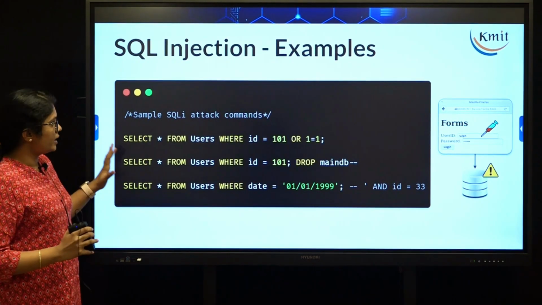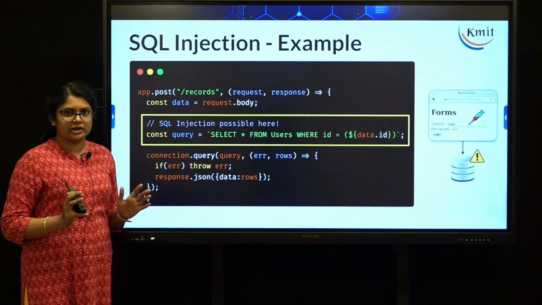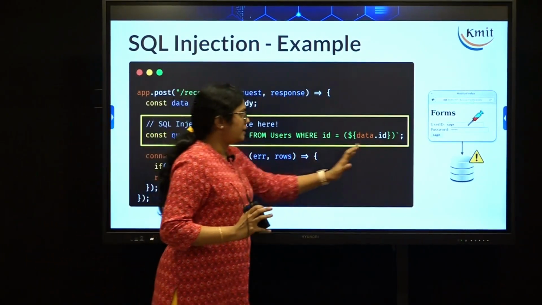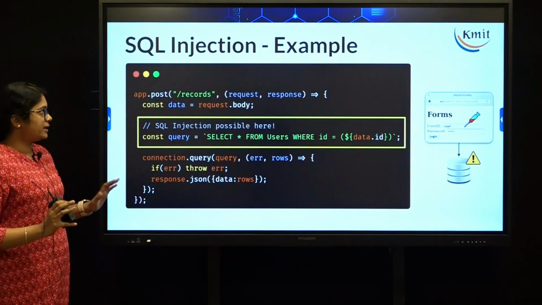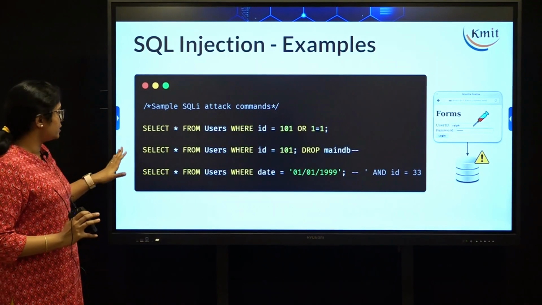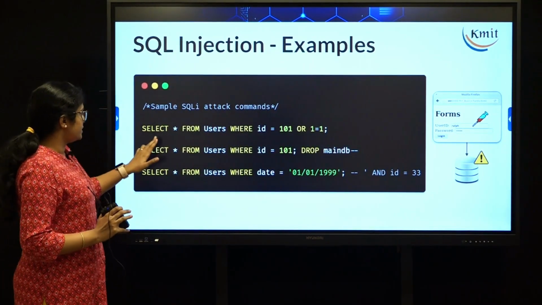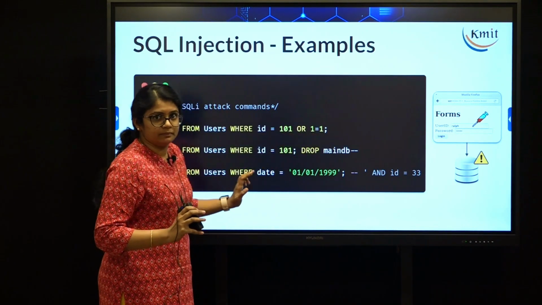So now what happens? Let's say you are an innocent person, you don't know how to launch an attack. What will you do? You normally type your username and a password, but an attacker is not going to think like that. What will he do? He will try these sample commands. And what are the sample commands here? Select star from users where ID equal to 101 or 1 equal to 1.